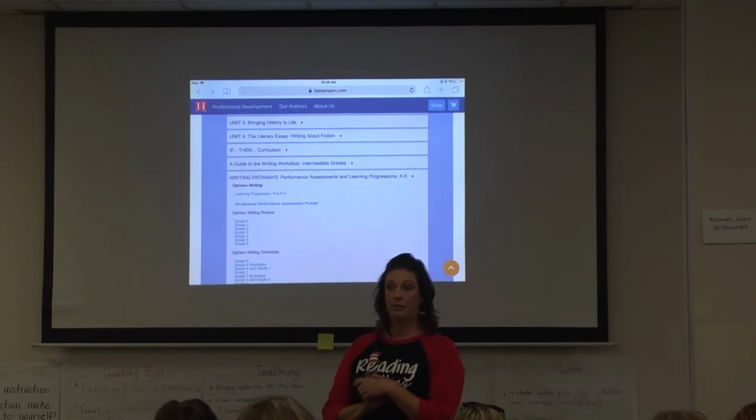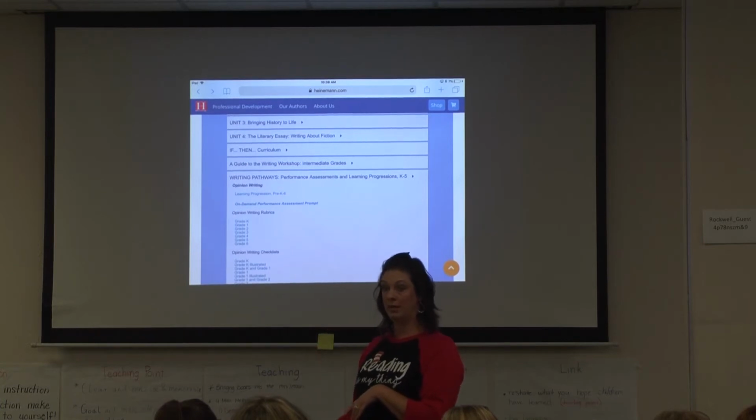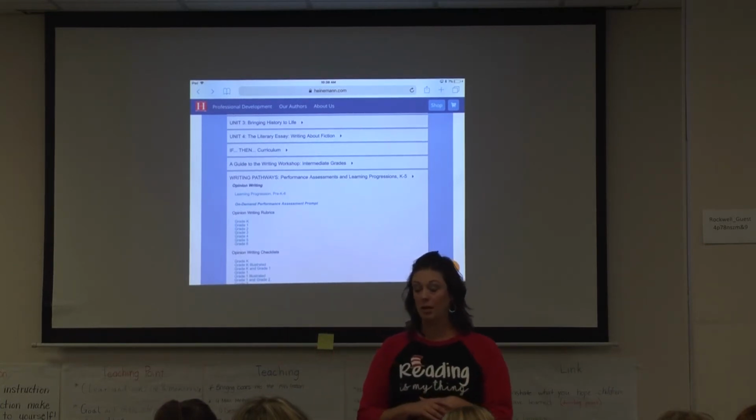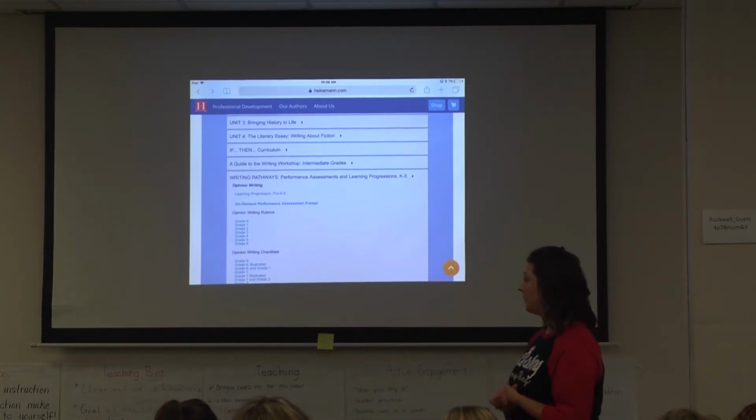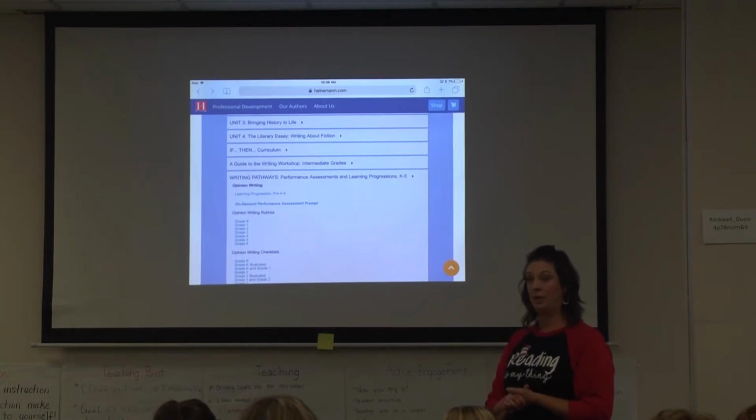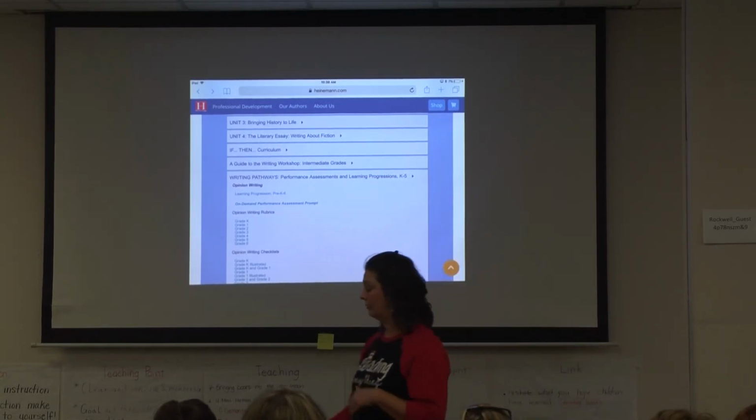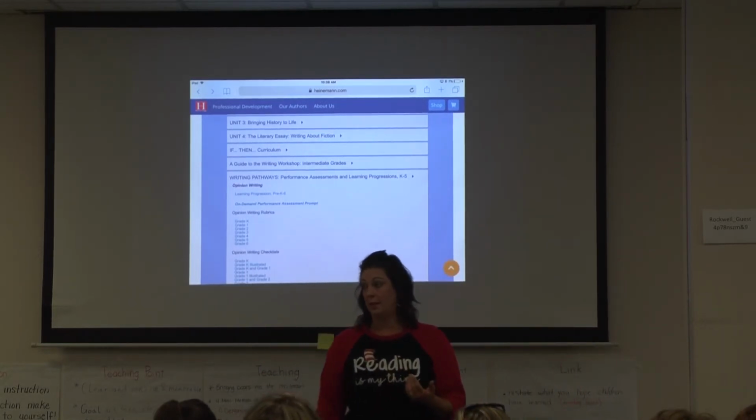So that's another rationale. And they actually do that in New York. They analyze the writing in a very deep and meaningful way and talk about how it reflects on their teaching. So it is very rigorous as a teacher.